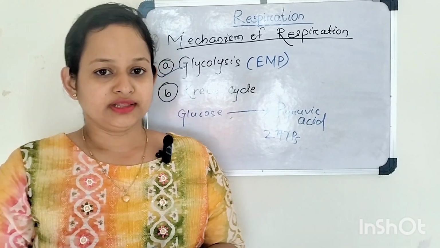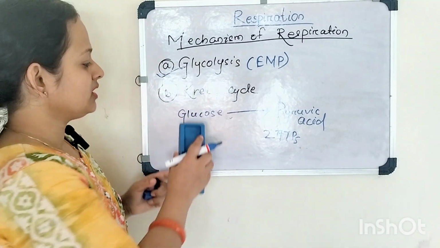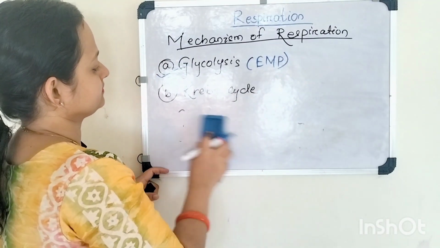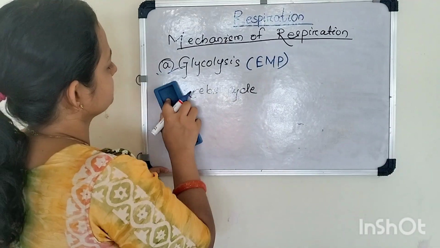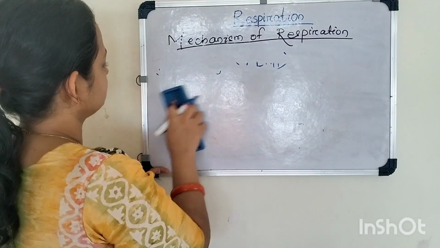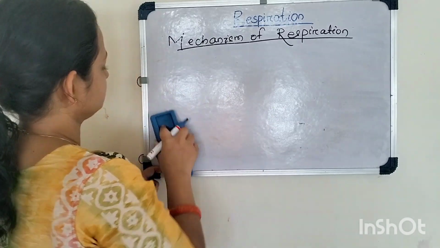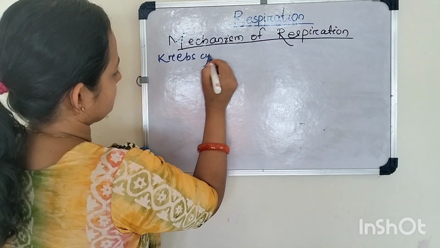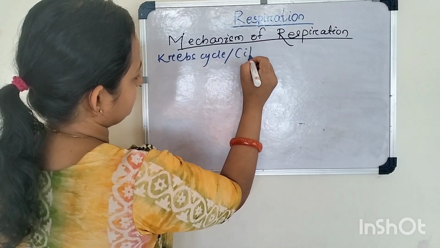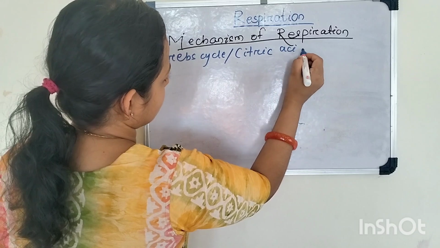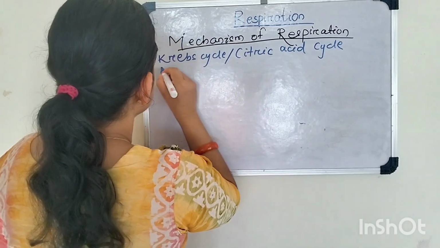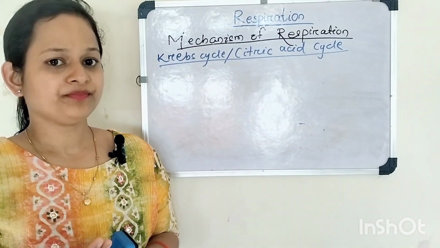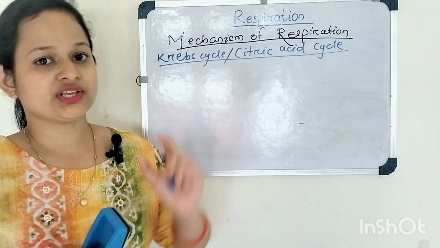Next, coming to the Krebs cycle. The Krebs cycle is the aerobic mode of respiration, and it is also known as the citric acid cycle.